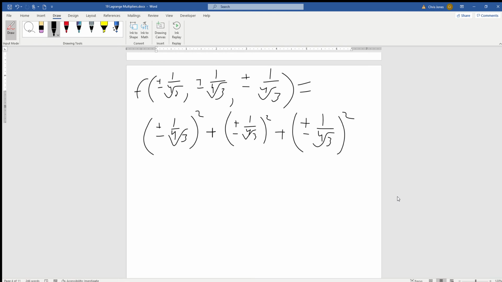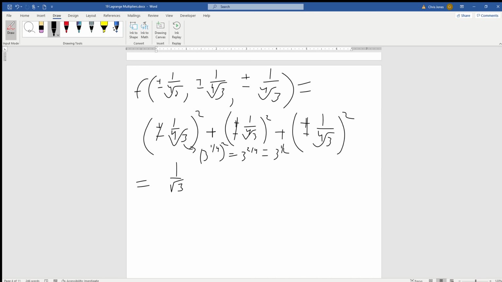All right, and what does that simplify into? Well, when we square the plus minus, that just becomes positive. If we square 1 over 4th root of 3, that just becomes 1 over square root of 3, right? Because remember, that's going to be 3 to the 1/4, and if we square that, that's going to be 3 to the 2/4 or 3 to the half.